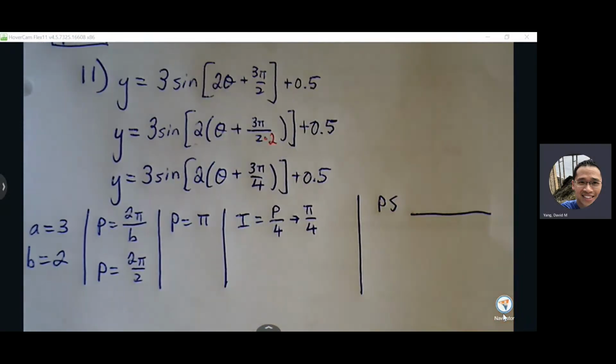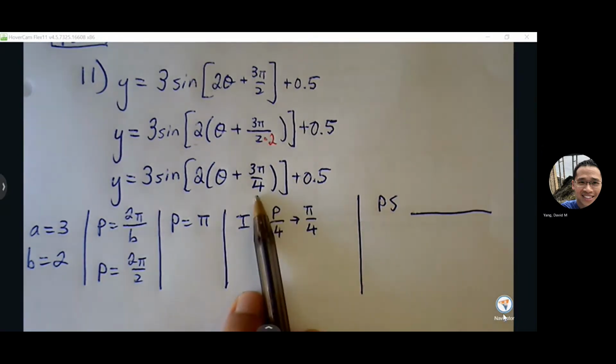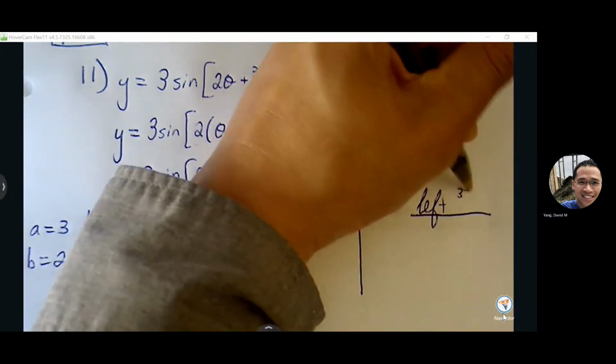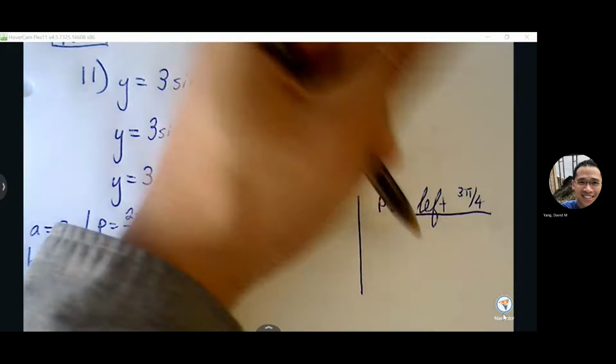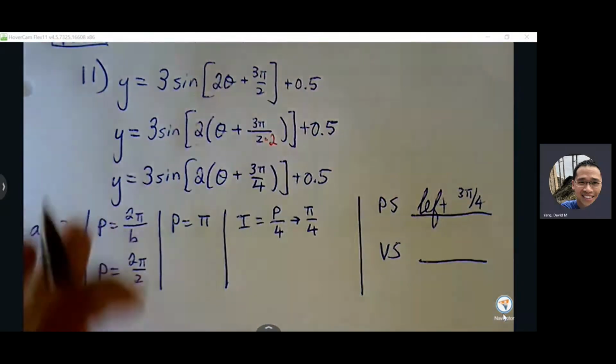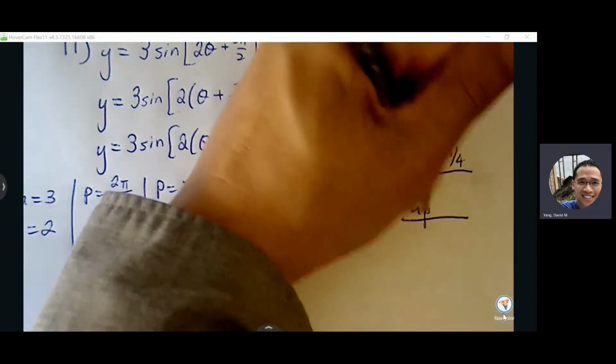What's our phase shift here? Good, left. Yep, left. Vertical shift up. Yes.